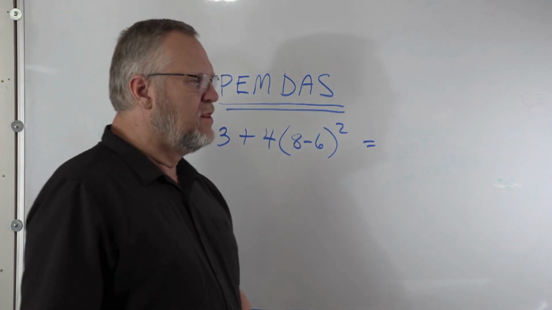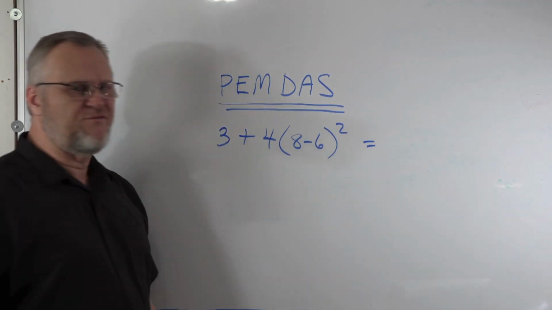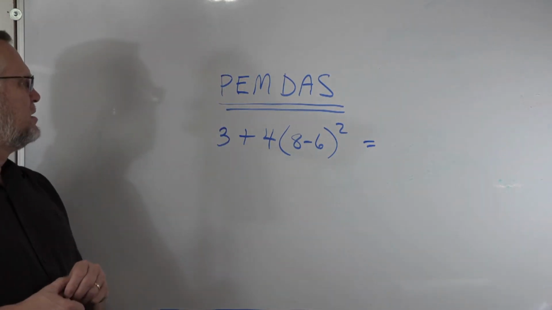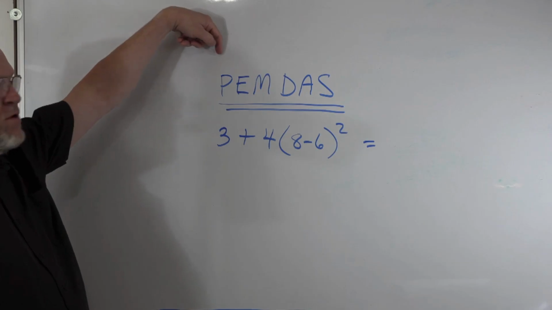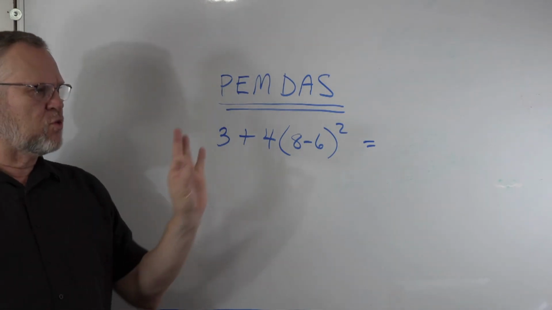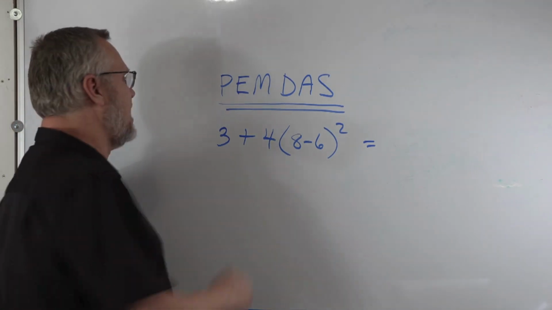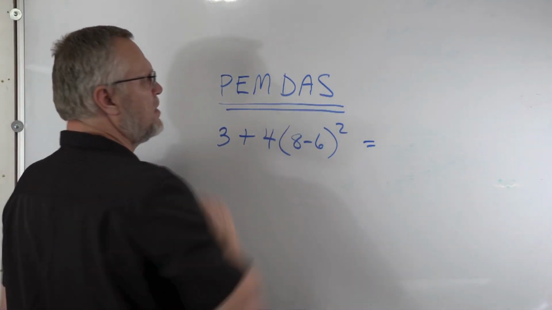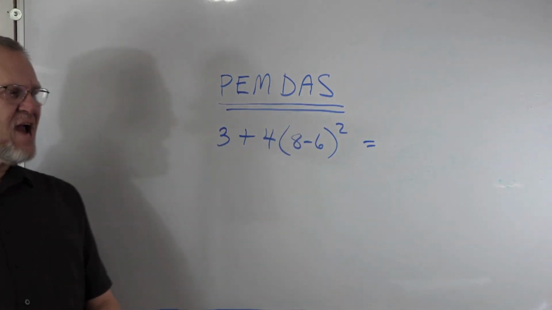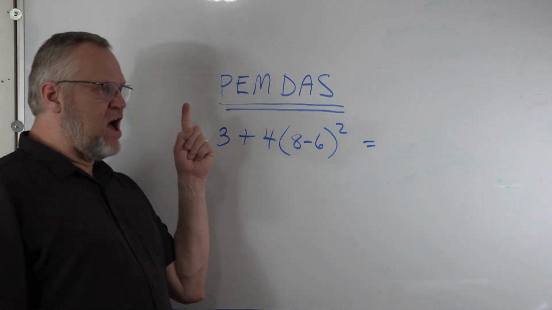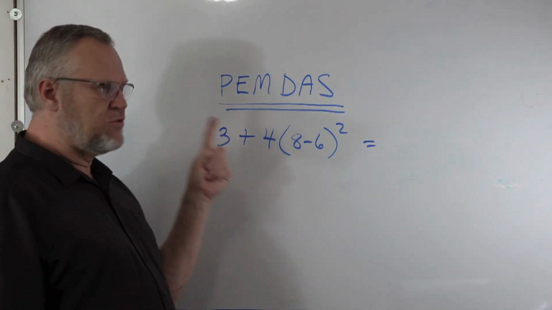First thing, we need to follow PEMDAS. It's a good idea for you to write this down. You can say in your mind, please excuse my dear Aunt Sally, so you can remember the acronym. But we have to follow the rules when it comes to PEMDAS.